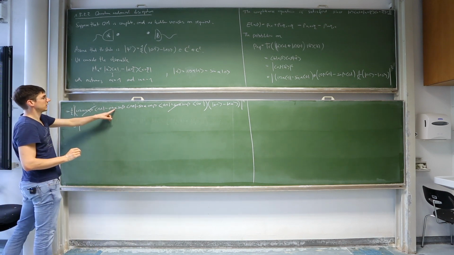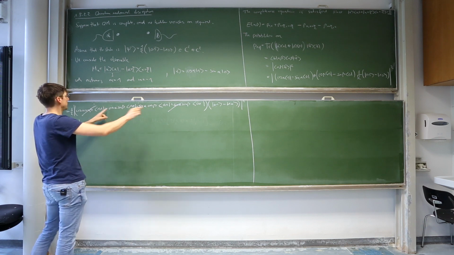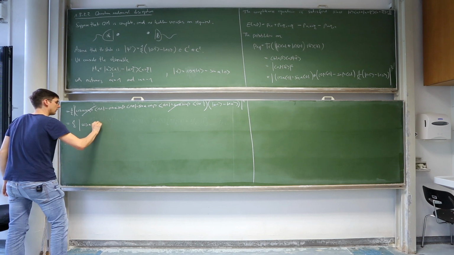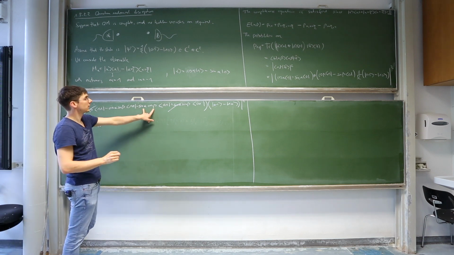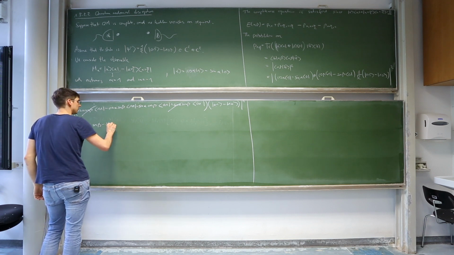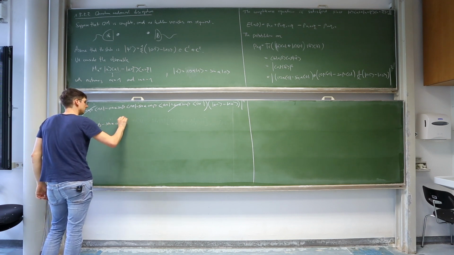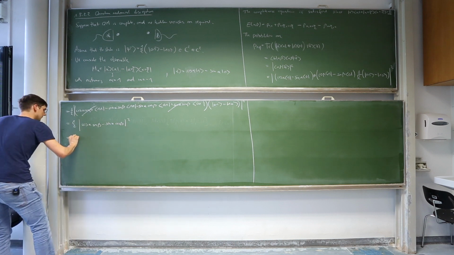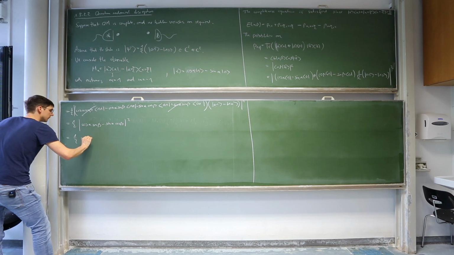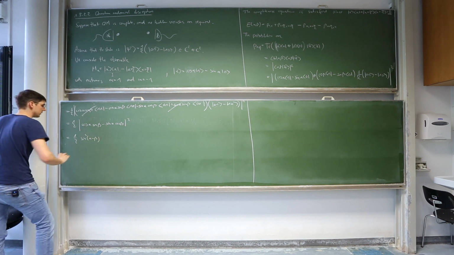And this one gives plus cosinus alpha, sinus beta. And this one gives minus sinus alpha cosinus beta, and this is nothing else. What's standing here is the sinus of alpha minus beta squared.